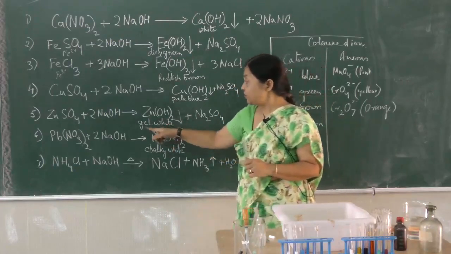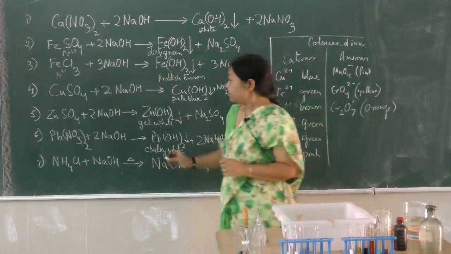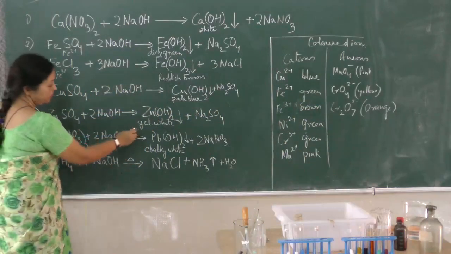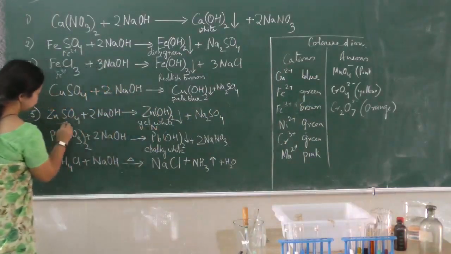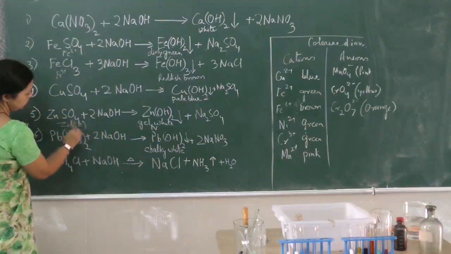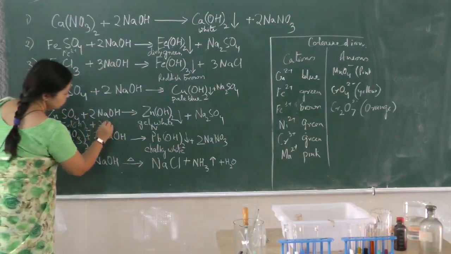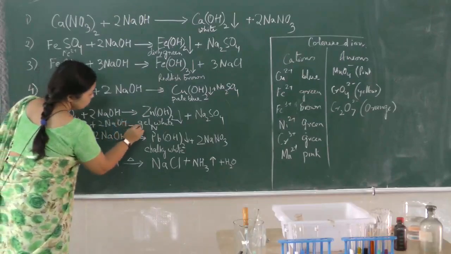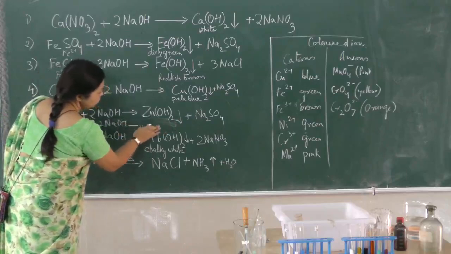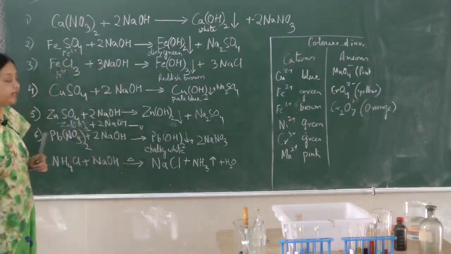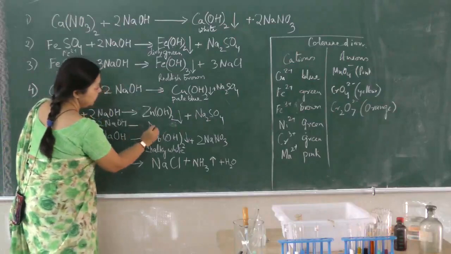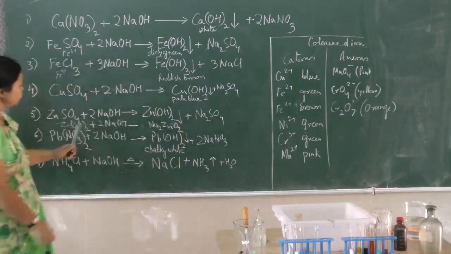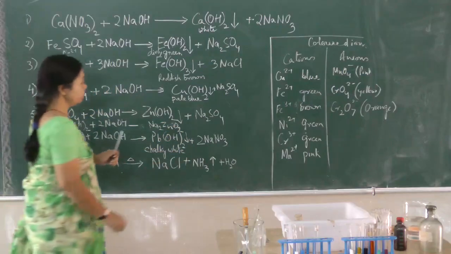Now Zn(OH)2, I have not written that equation over here. Actually this Zn(OH)2 plus 2 NaOH, it forms what salt? Zn(OH)2, this white gelatinous precipitate, plus 2 NaOH, this forms Na2ZnO2, which is a soluble salt, sodium zincate, Na2ZnO2, and water, H2O of course.